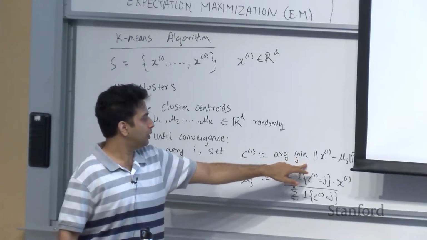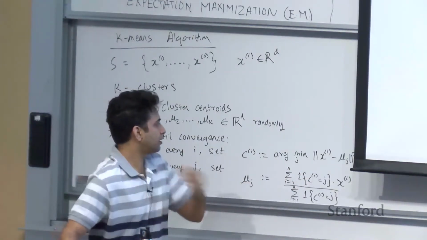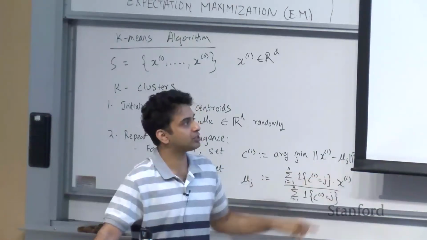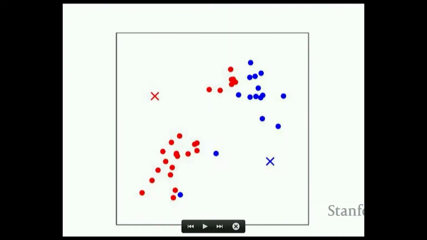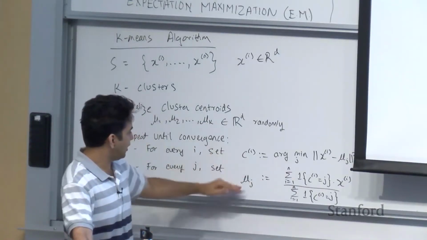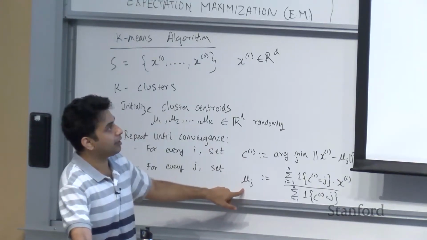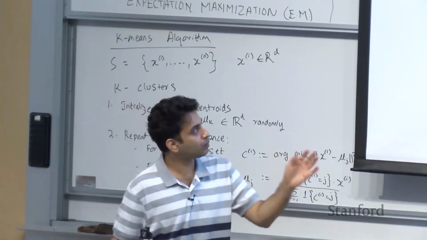We set Ci to be the identity of the cluster with the smallest L2 distance between that point and the cluster centroid. So over here, the red dots are those for which the red x is closer, and the blue dots are those for which the blue x is closer, right? This is like setting the Ci's in the first iteration. Once we set the Ci's, in the next step we recalculate the mu j's. So what happened here, I'm going to go back one slide.